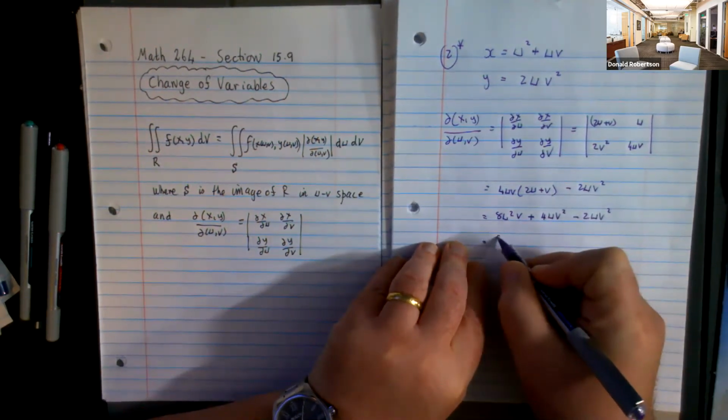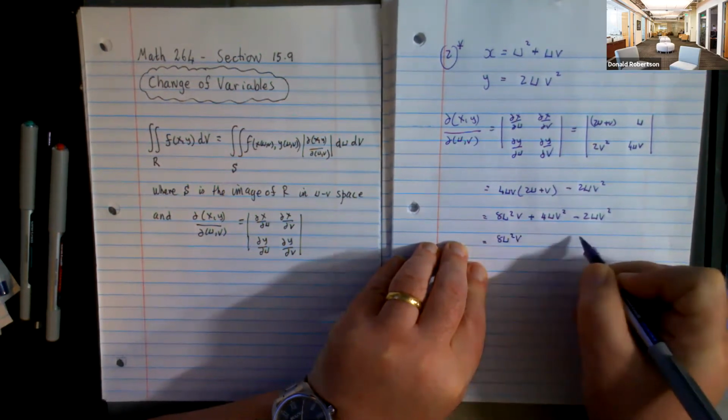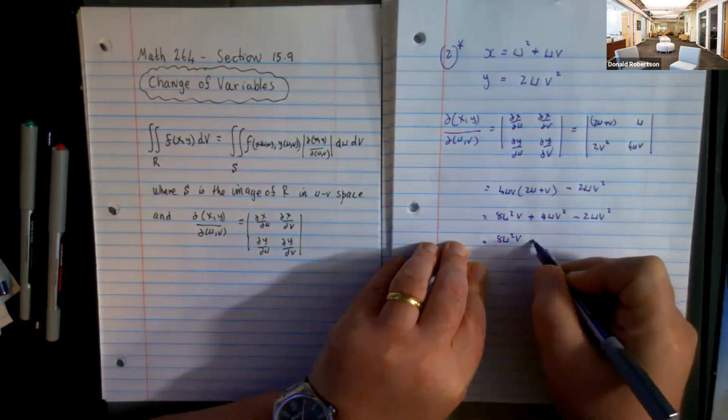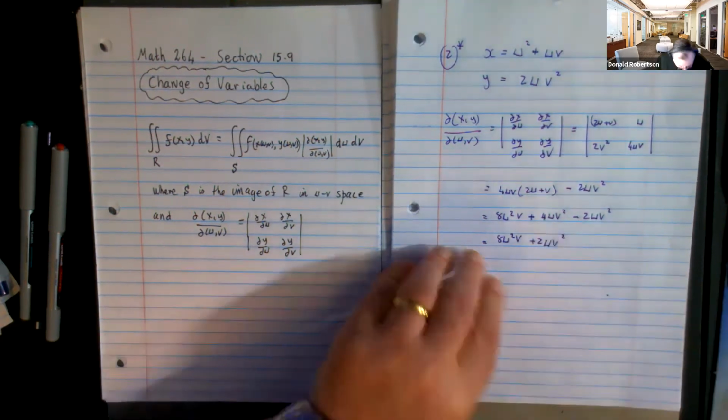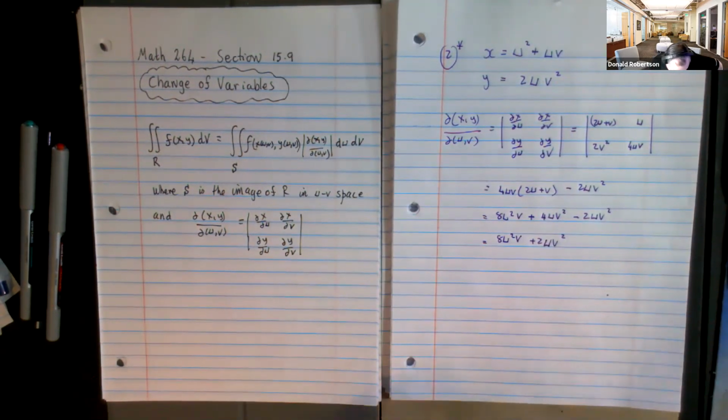So it looks like I'm going to get 8u squared v plus 2uv squared. I'll leave it like that. It's as good as anything. I guess I could factor it out if I want to make it look pretty.